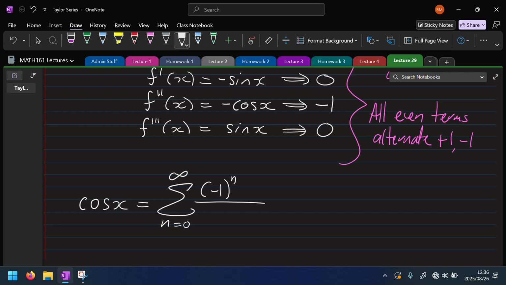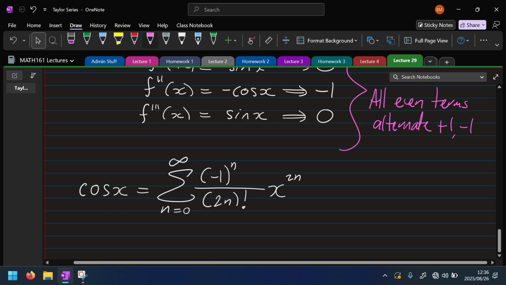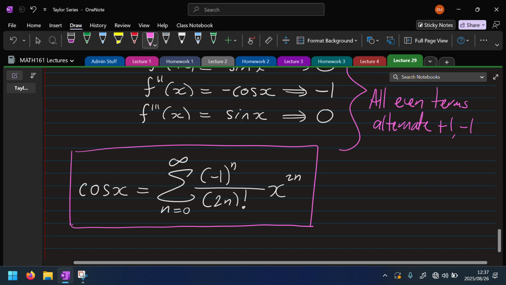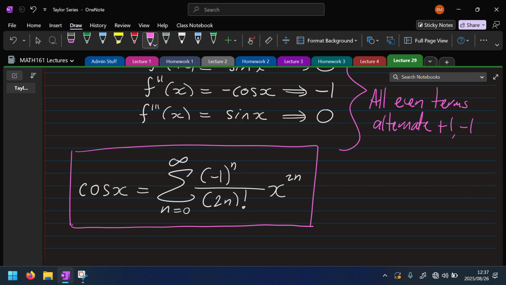So how do we make the bottom even? 2n. Good. That takes care of the bottom. Then we need x to the n, but n must be all of the even ones, so x to the 2n. Again, please put a box around this one. These three you will have to know.